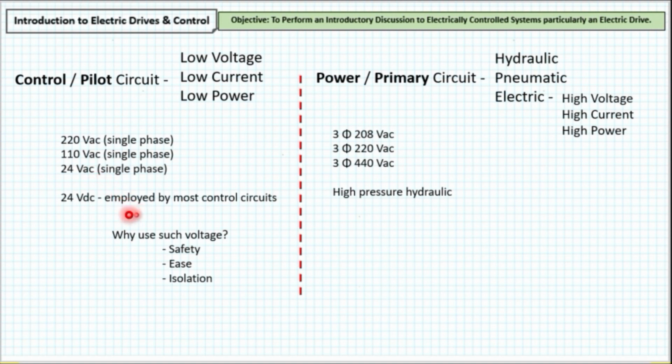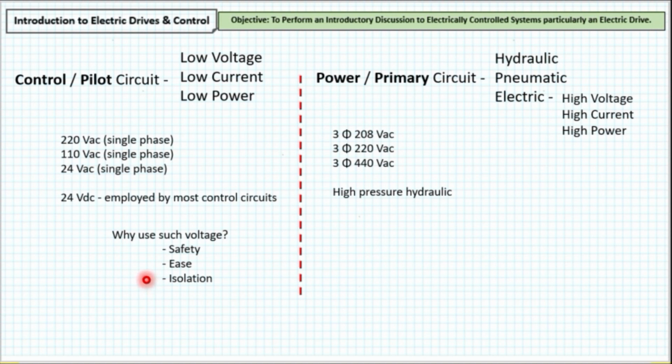So ito yung kadalasan ginagamit sa field. So 24 volts DC. So why do we use such small voltage? Of course, number one, nabanggit natin kanina, is the safety. Next is yung ease, madali lang siya kasing gamitin. And next is the isolation. Okay?